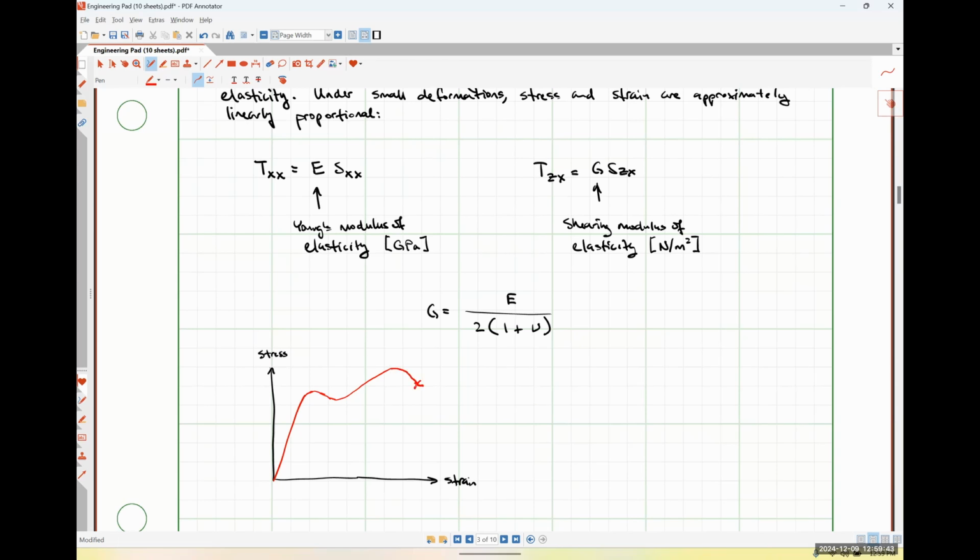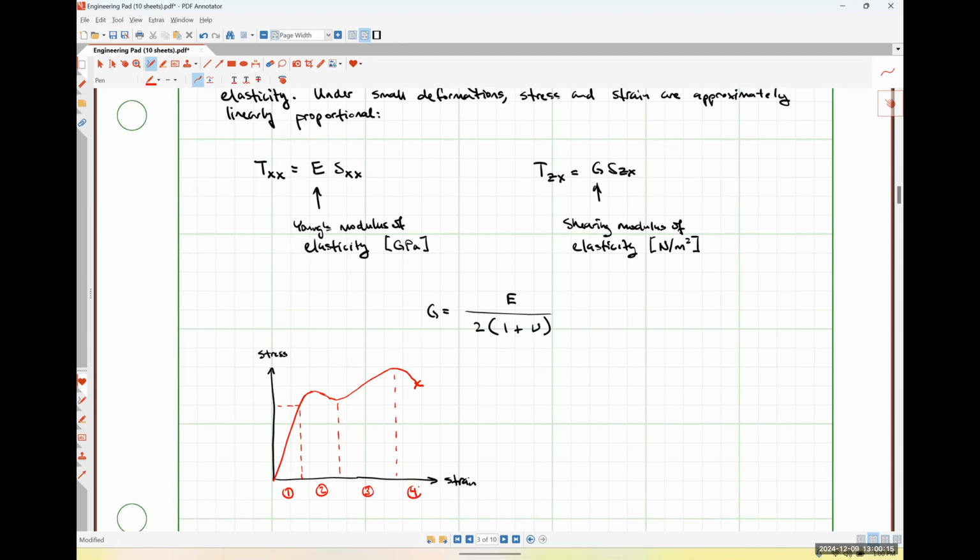I'm going to put an X here. And I'm going to subdivide this graph into lots of smaller parts. So this is going to be region 1. This is going to be region 2. This will be region 3.